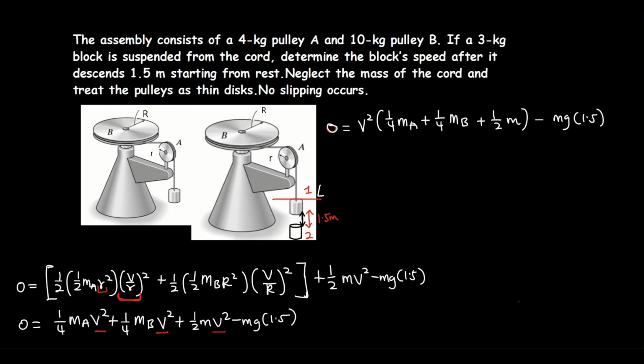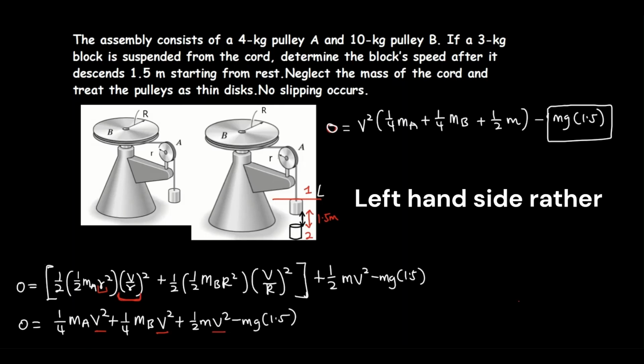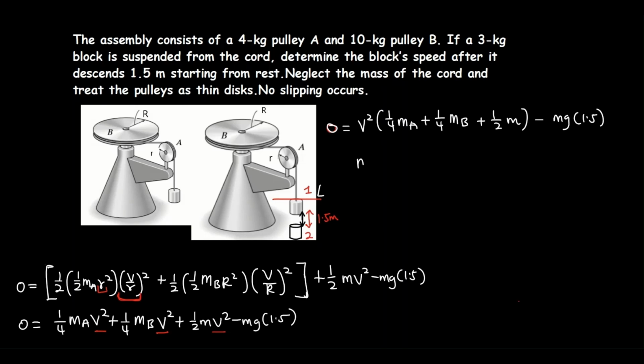What I'll do next is send the mg term to the right hand side. So you're going to have mg multiplying 1.5 equal to v squared multiplying 1 over 4 MA plus 1 over 4 MB plus half M. Now you are going to divide both sides by this whole term.